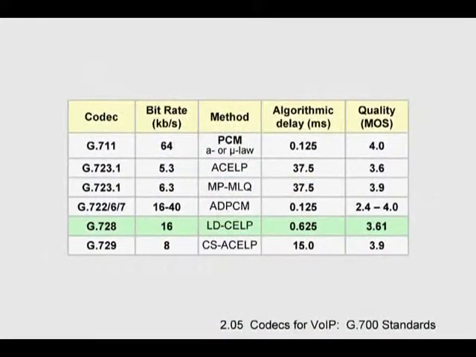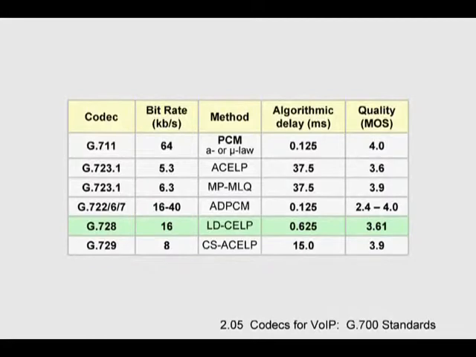And if we look at our chart again, the G.728 codec, the second one from the bottom, it allows us to reduce the bit rate down to 4 to 1, so 16 kilobits per second, using a type of code-excited linear prediction.